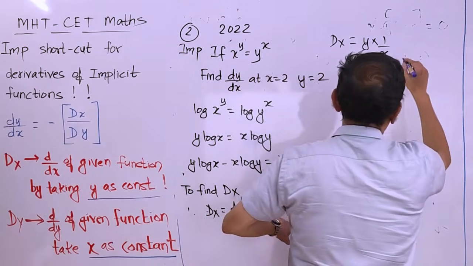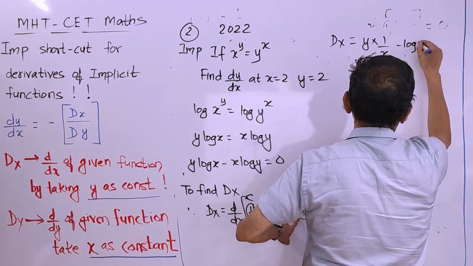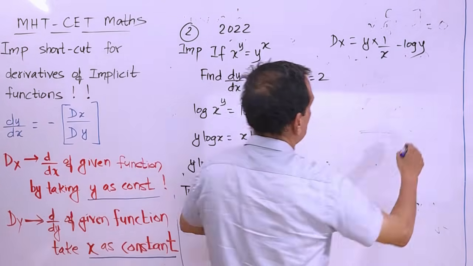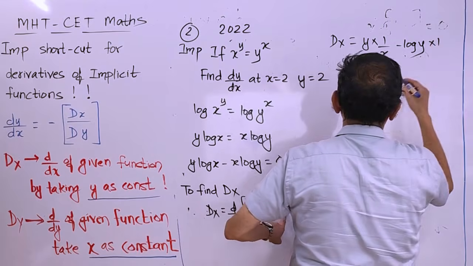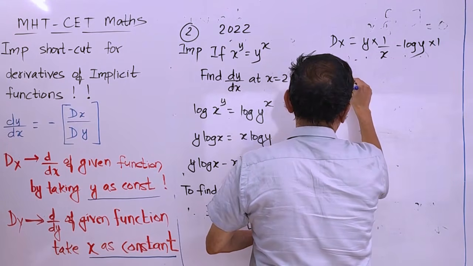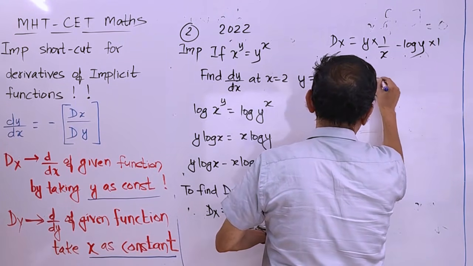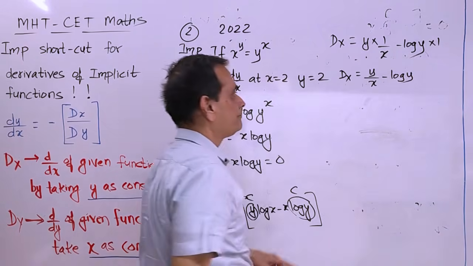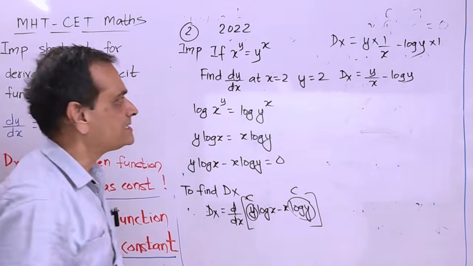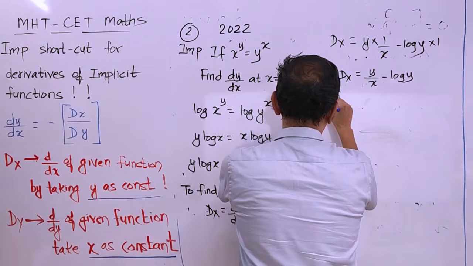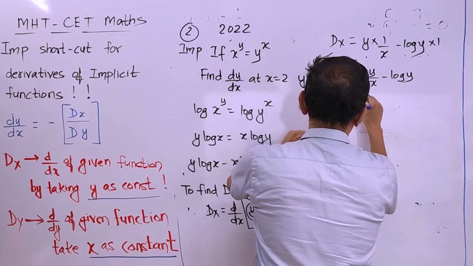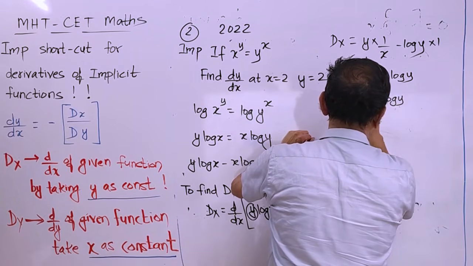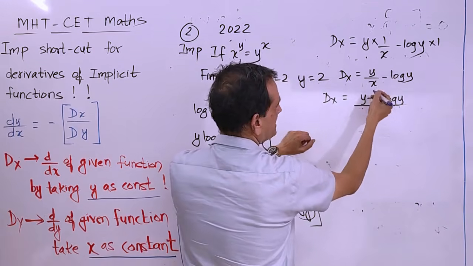Keep log y aside. Derivative of x is 1. So dx, you can take the LCM and write, x is the LCM, cross multiply.